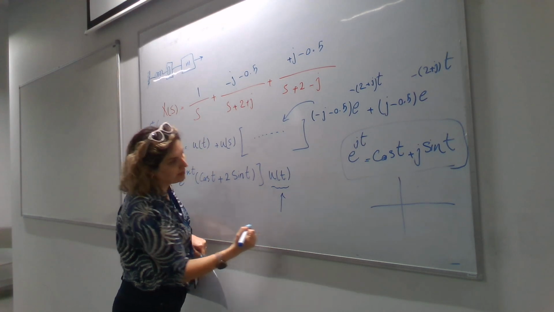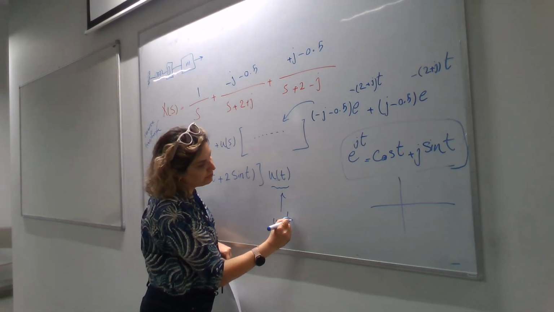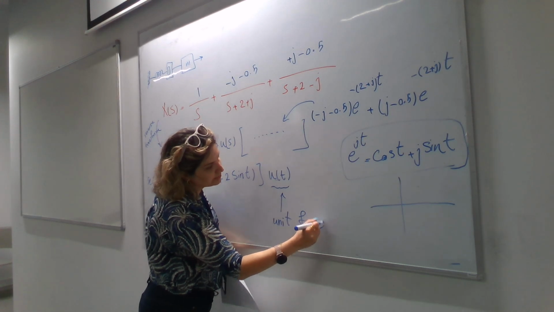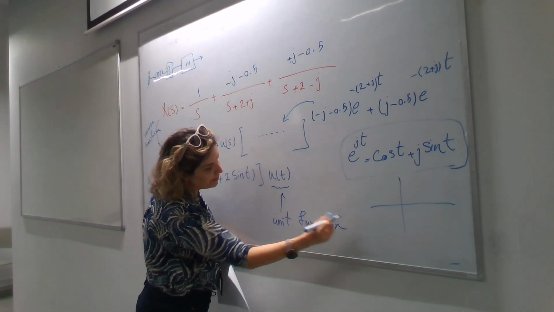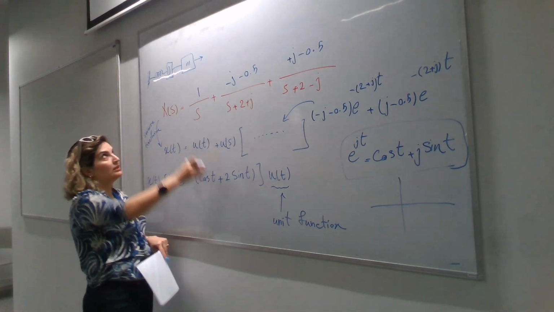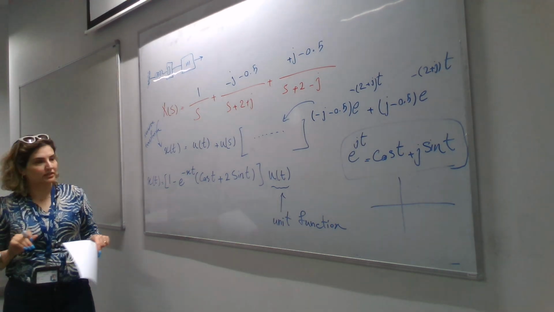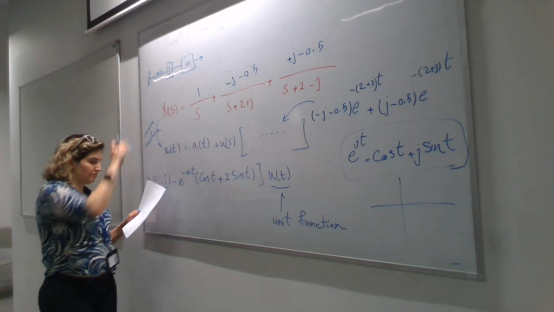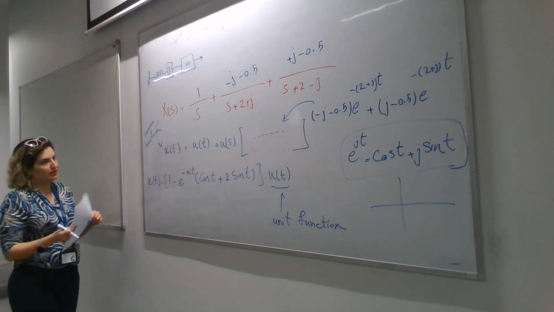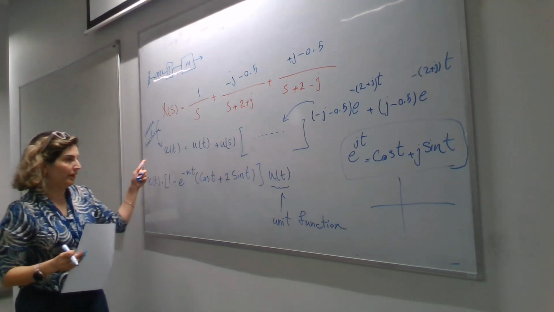That's u(t), isn't it? Yeah, we call it the unit function. And normally this is referred to as the initial condition, the initial state of our system. Now, this is the result in the time domain.